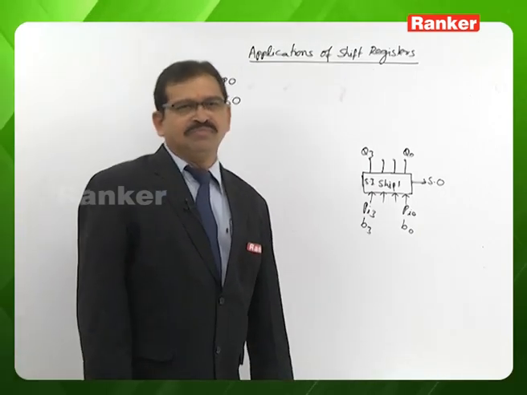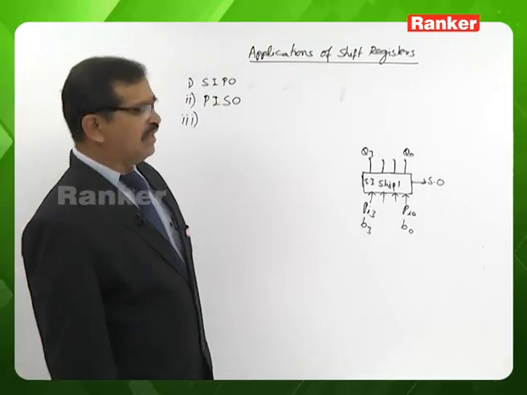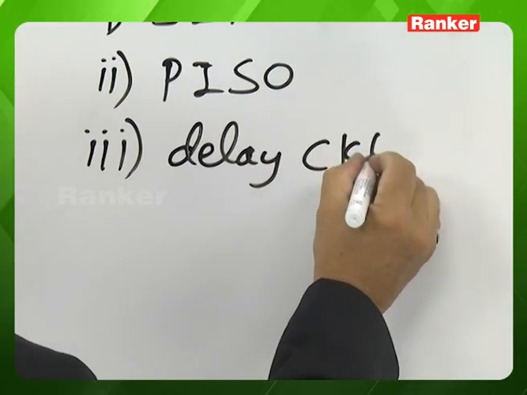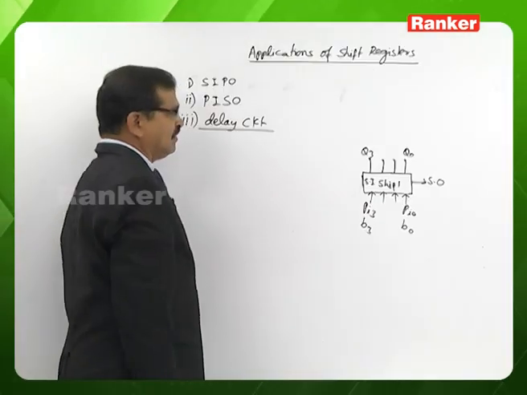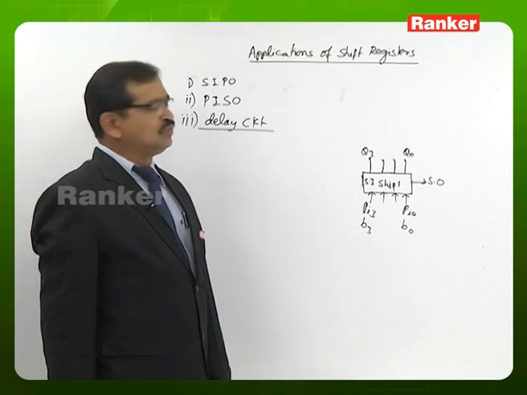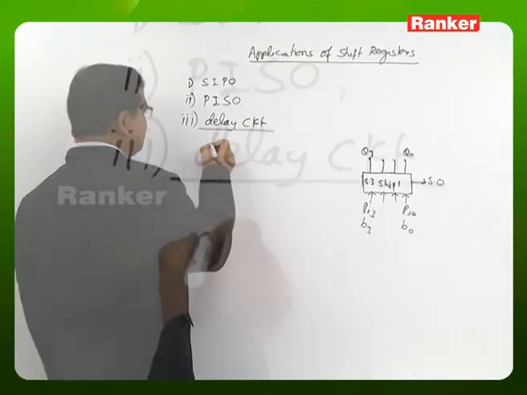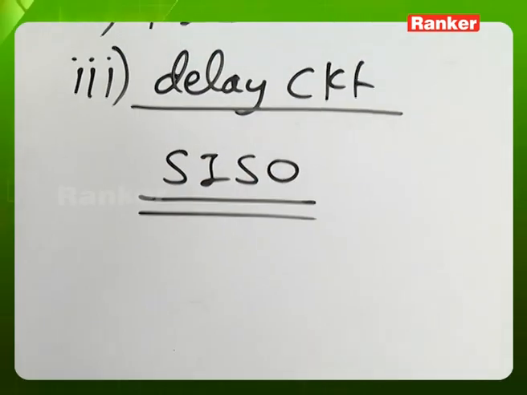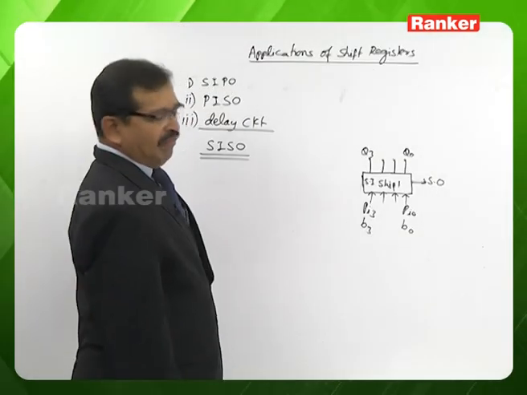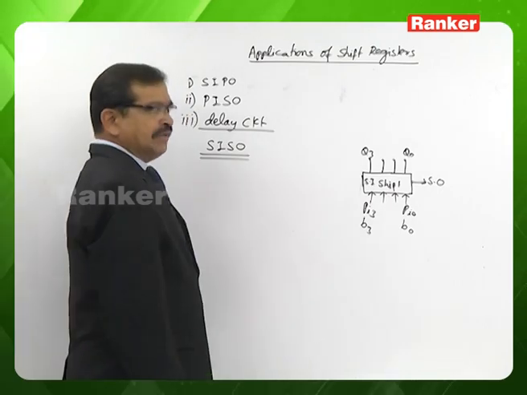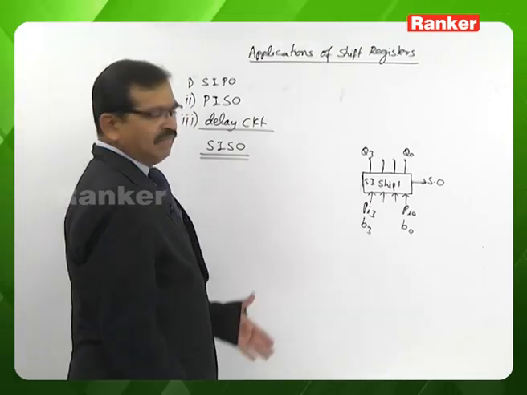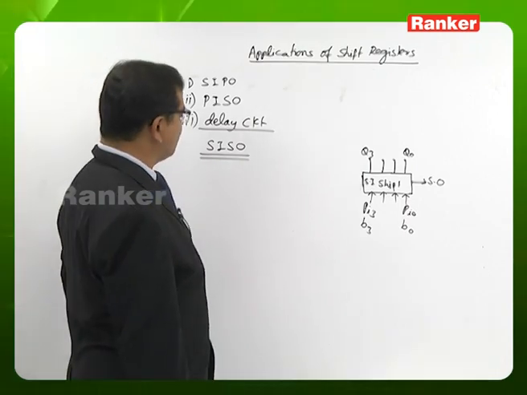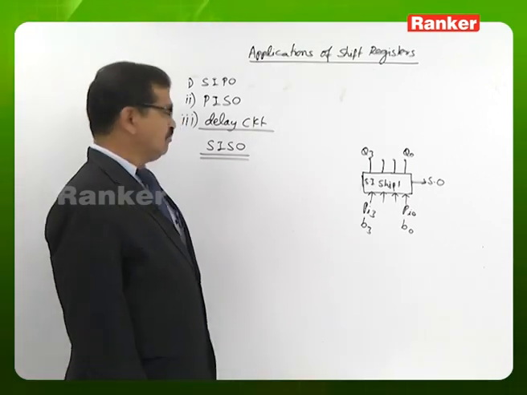The third one, it is possible to use it as a delay circuit. The best way to use the register as a delay circuit is serial input, serial output operation. After writing the data into the register, we are able to read the complete data from the register after applying n-1 clock pulses.